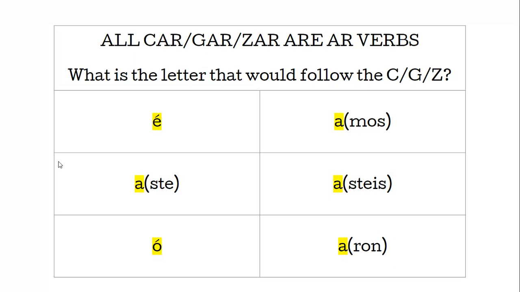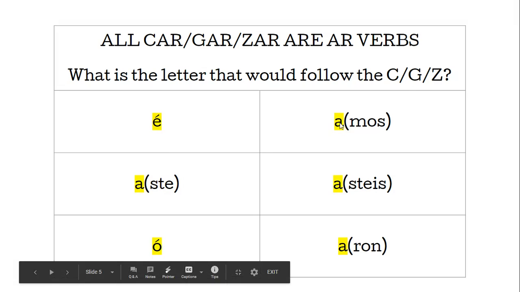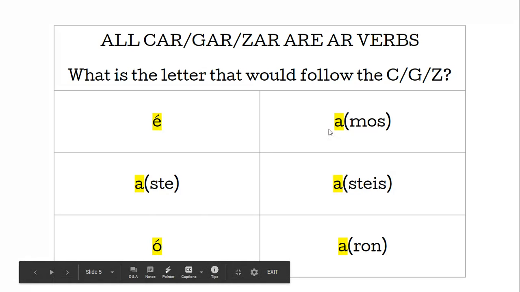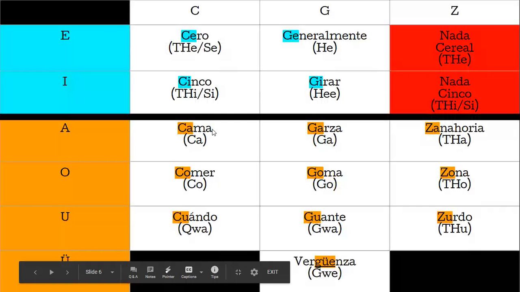Now, notice that -car, -gar, and -zar are all -AR verbs. So the letters in the preterite that follow that letter are the following. In the yo form, we'll have é, aste, ó, amos, astes, aron. What I'm trying to point out here is that this is the very next letter after your C, your G, or your Z. We have an E here, an A, O, A. Mostly A's, one O and one E. So why does that matter?